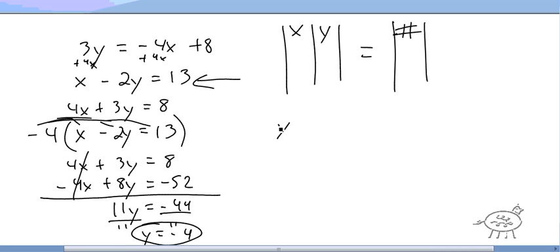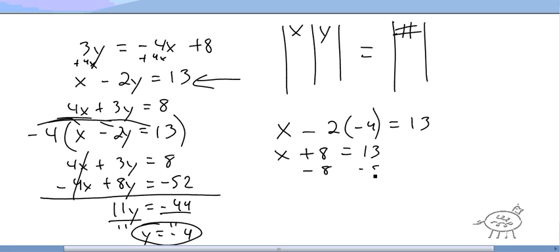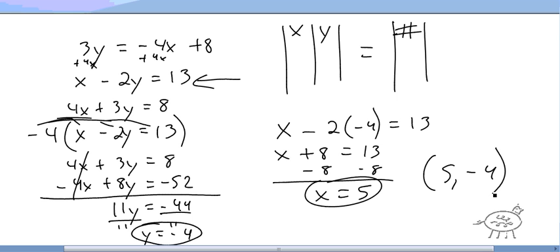So I have x minus 2 times negative 4, because that's minus 2y, equals 13. So that's x, negative 2 times negative 4 is positive 8, equals 13. Subtract 8, x equals 5. So that's your answer. It's 5, negative 4. Make sure it's always x comma y, or if it's letters a, b, a comma b, it's usually in alphabetical order that you write the point.